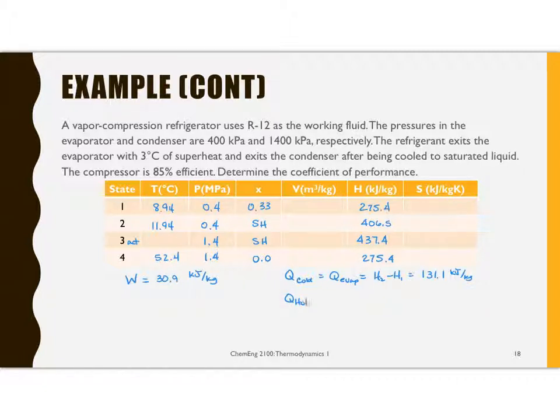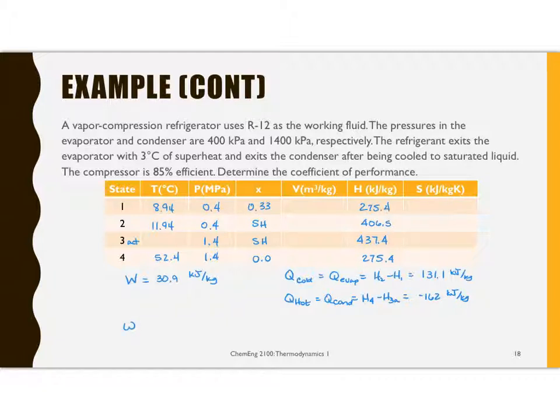At the hot temperature, this is the condenser, and that is H4 minus H3. Now that's the actual state 3, and that's negative 162 kilojoules per kilogram.